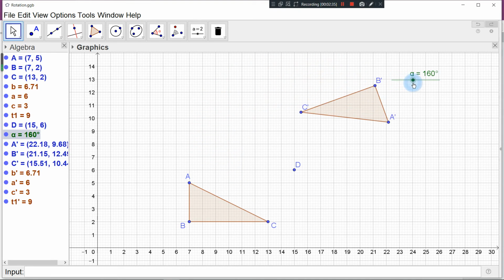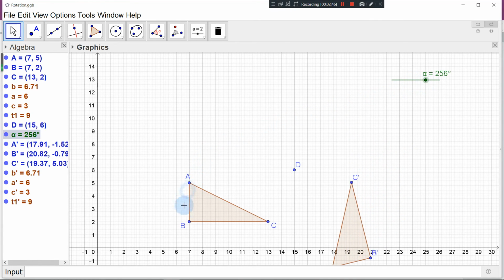Okay, you will notice that this shape, this image and this object, they are congruent. They have exactly the same shape, same size, same orientation as well. You see A, B, C going clockwise like this. Here A prime, B prime, C prime, the same thing, same orientation.